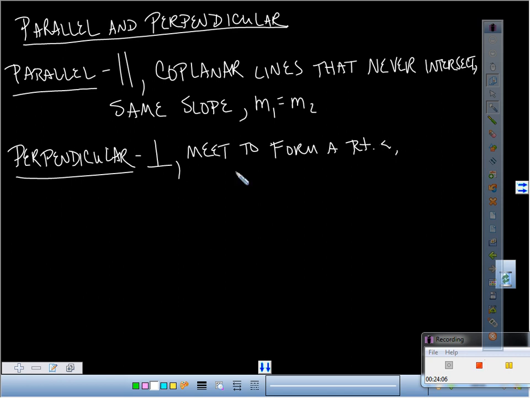Okay? What do you know about their slope? Opposite reciprocal. Slopes are opposite. What does that mean? One's positive, one's negative. Opposite reciprocal. That just means they're flipped, right?